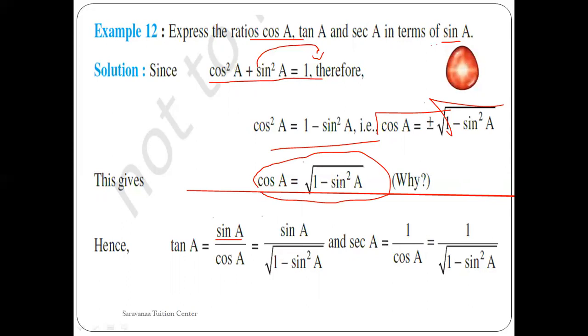We have found that cos equals root of 1 minus sin square A. Just substitute in place of cos and we get tan A in terms of sin A. Then secant A. Secant A is the reciprocal of cos A, that is 1 by cos A. So substitute root of 1 minus sin square A in the position of cos A and you get this. So you have found cos A, tan A and secant A in terms of sin A.